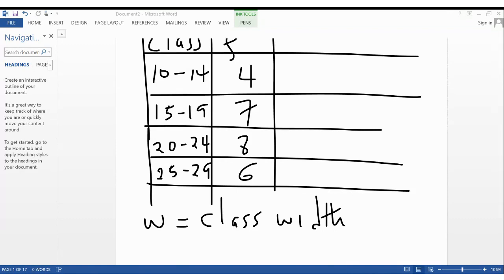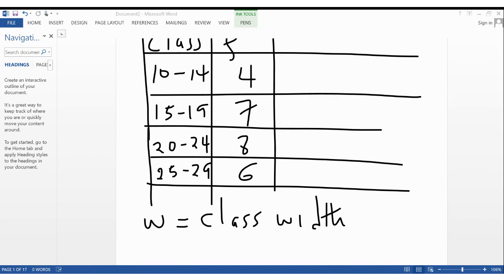I want some answers, class width for that data. 10 to 14, 4; 15 to 19, 7; 20 to 24, 8. I want the class width. Someone has given me one answer. No one else is trying.